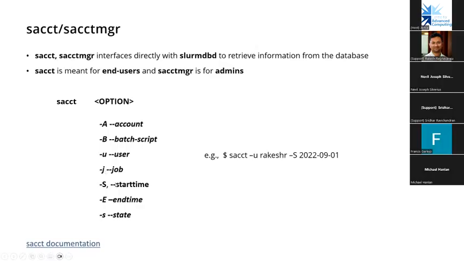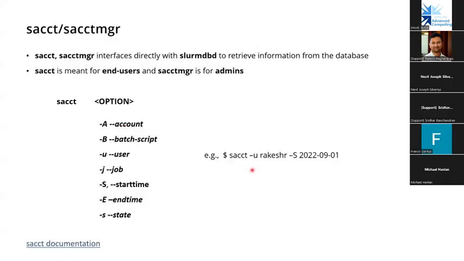If you want to retrieve information about jobs that started in a particular time frame, let's say a particular start date and end date, these are the flags to use. And then again, if you want to know the state of the jobs, that can be used in here. So we can use a combination of these options. This is not just one option.